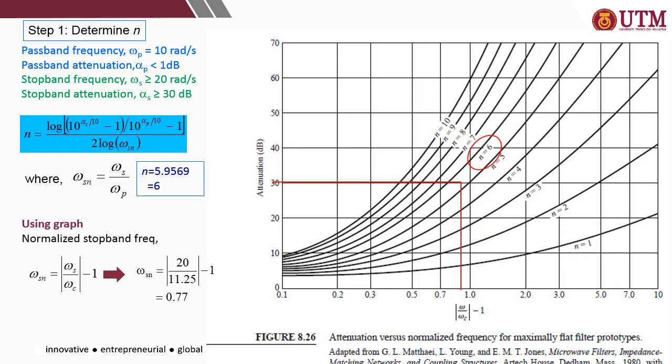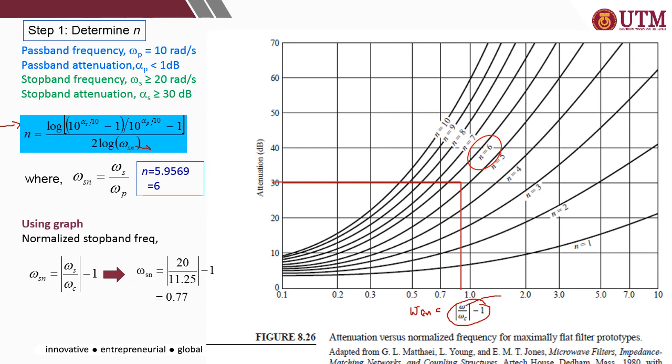Okay, so as discussed earlier, once you have the information, the first step is to determine the n. So you can use either the equation. This is the Butterworth, so make sure you use the Butterworth equation if you have the equation in hand, or else you may refer to the graph. So omega Sn here again is the normalized stop band frequency, in which from the graph at the bottom, the x-axis represents the omega Sn.